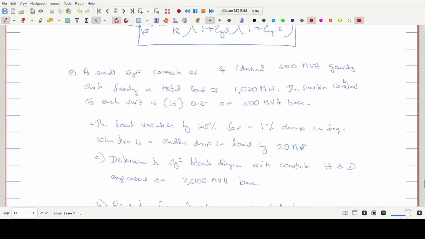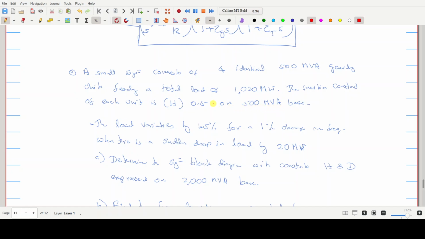Let's say you have a small system consisting of four identical 500 MVA generating units feeding a total load of 1020 megawatt. The inertia constant H of each unit is 0.5 on 500 MVA base.